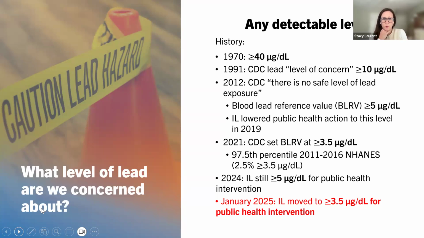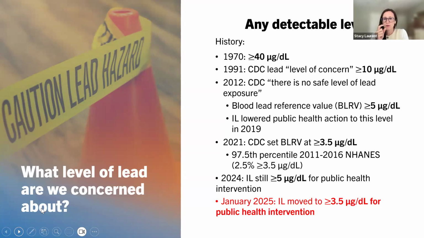In 2012, the CDC started saying that there really is no safe lead level, and rather than level of concern, we moved to talking about the blood lead reference value. Over the last probably 10 years, there's been a lot of movement in really lowering our threshold for intervention.